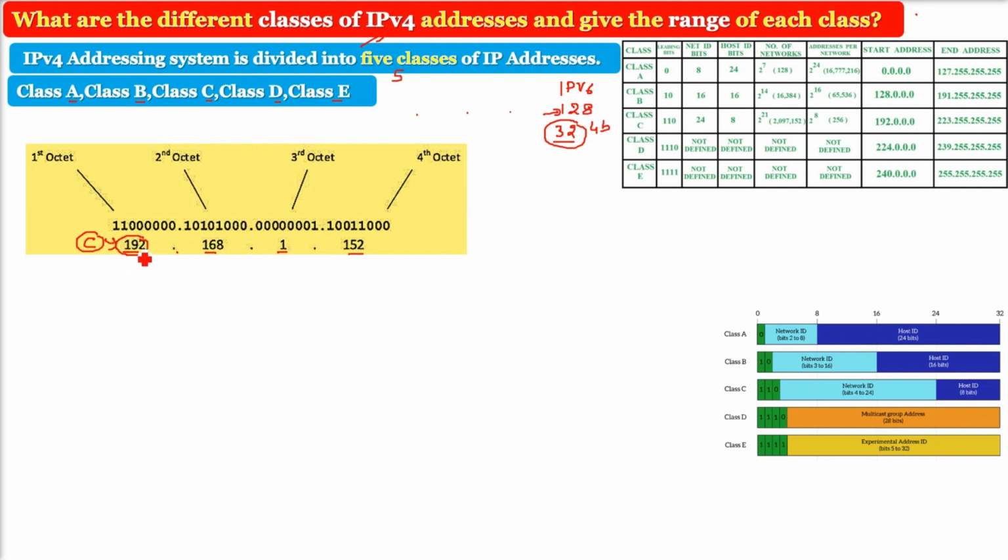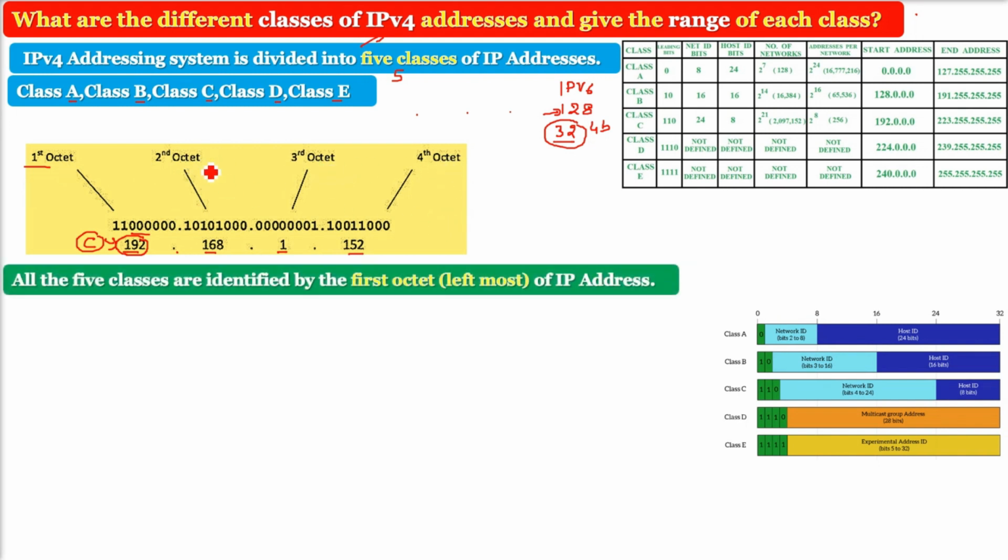Now we start from the first octet. This first octet is a decimal number, and when we convert it into binary, there will be a proper form. If we start from the left, all 5 classes from A to E are identified by the first octet, that is the 8 bits on the leftmost, or you can call that the first decimal number when we start from the left.